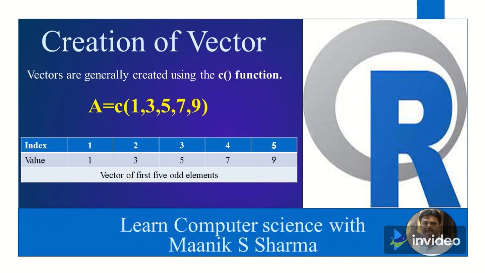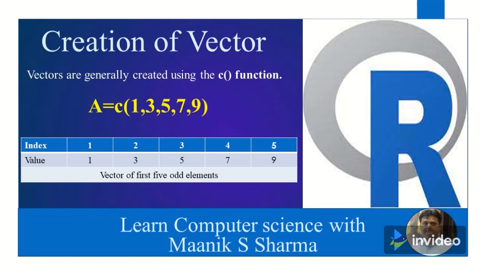The same thing can also be processed using the colon operator. So we need to write A = c(1:10). That means we have to give the starting and the ending value. In this way, a vector of the first 10 natural numbers will be created and the values will be assigned to a vector known as A.